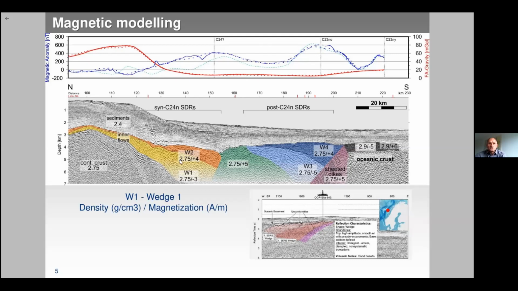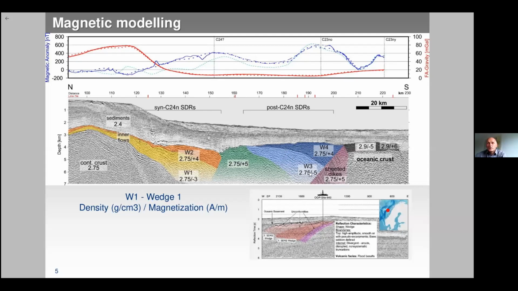First, this is not what we term oceanic crust. That's different. This is really an area covered by SDRs. And second, the magnetic signal is coming from that depth, from the shape and the structure of these anomalies. You need to explain those magnetic anomalies by bodies at the appropriate depth of the SDRs.